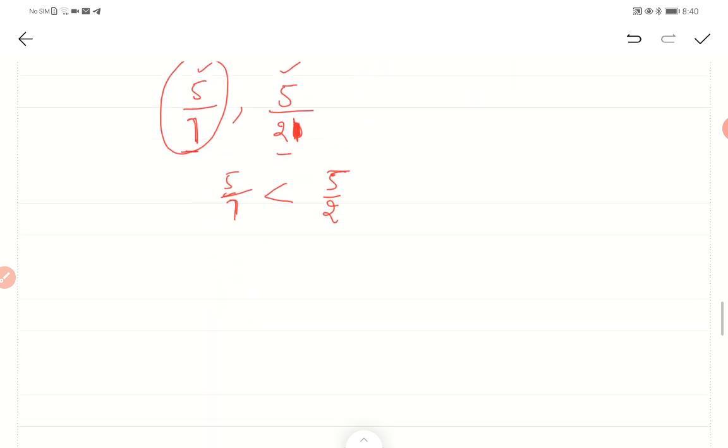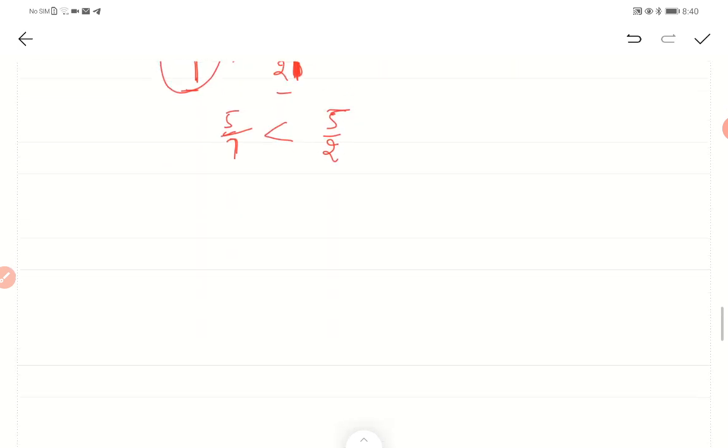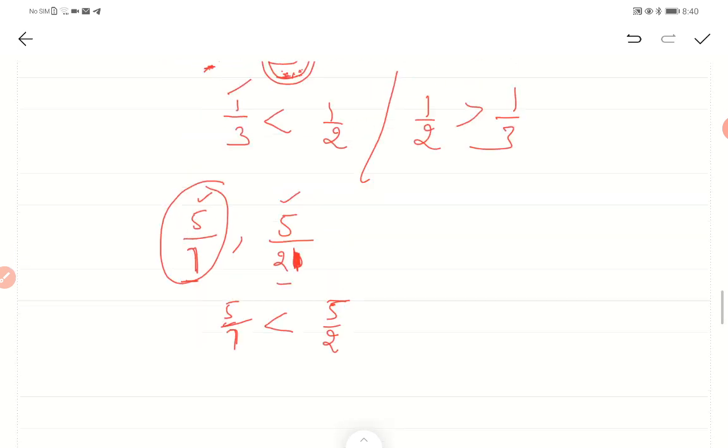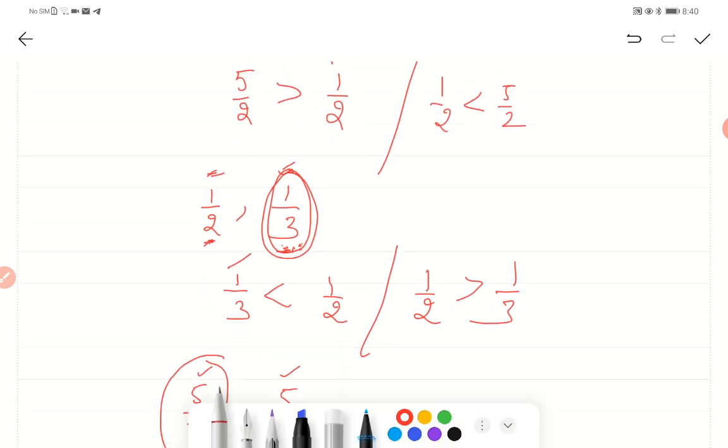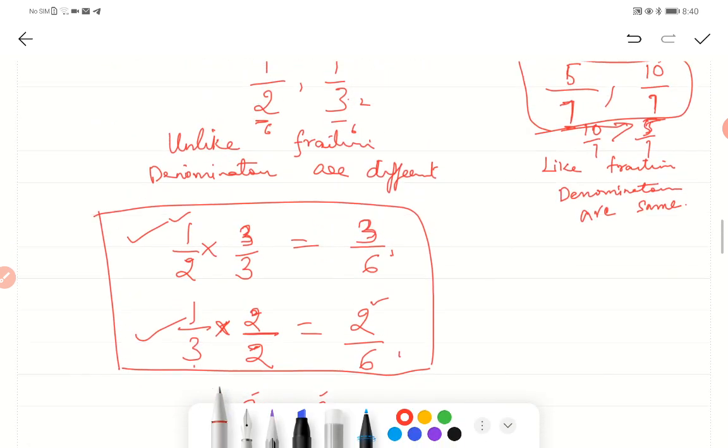This is how you compare like fractions. This is also called a like fraction because the numerators are the same.